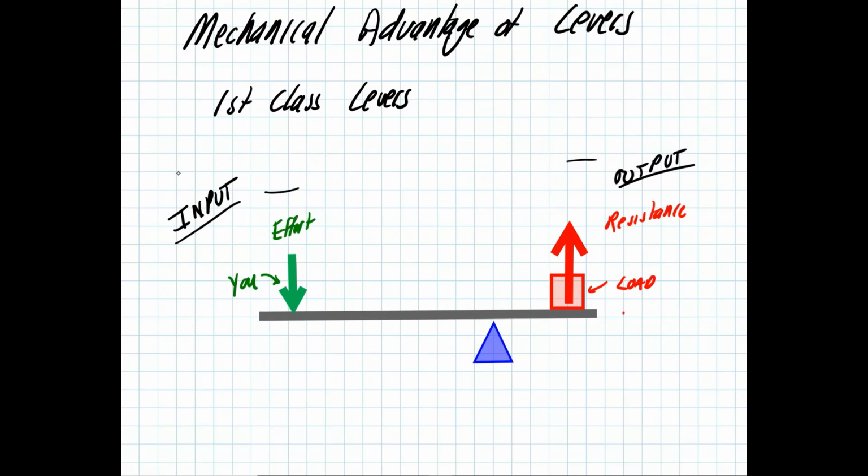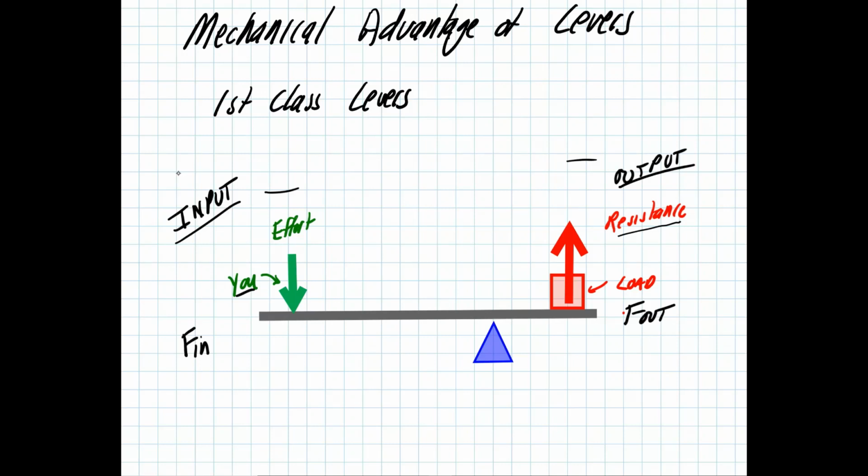So when you push down with this force, I'm going to say that is F in. And the force that you want to come out, which other places call the resistance, I'm going to call F out, okay?